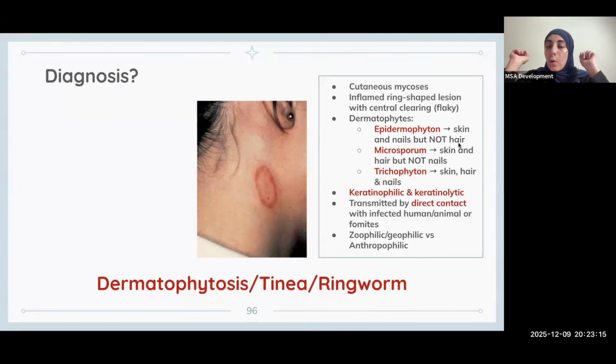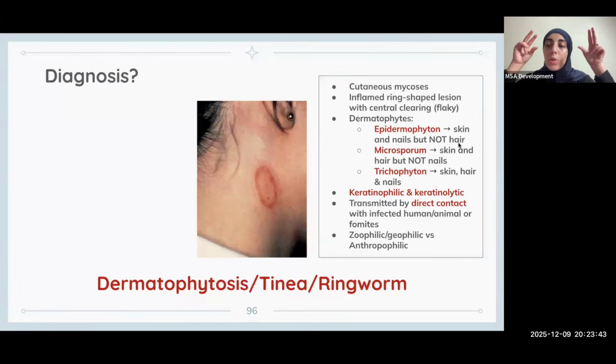Okay? How are they transmitted? They're transmitted by direct contact with the infected human, animal, or fomite. So, direct contact. And this usually spreads by sharing towels or clothes with someone who's infected. Yeah, so fomites, or also direct contact with the human skin. And we have different types of these dermatophytes.